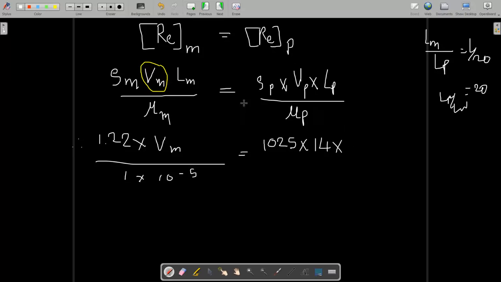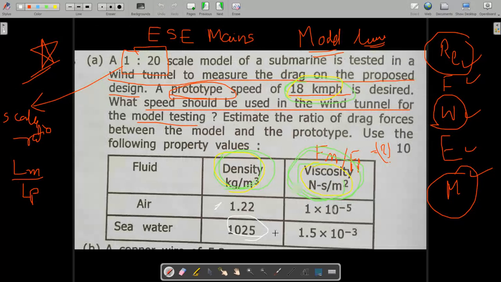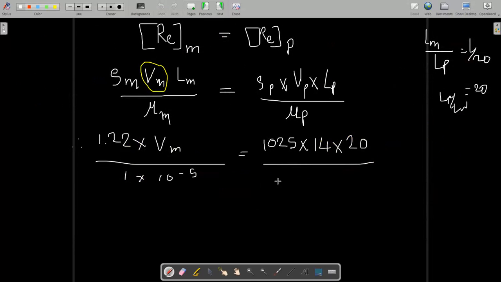Here Lp by Lm, when I am taking Lm on this side, so the ratio will become 20 upon what is the viscosity of water, 1.5 into 10 raised to minus 3, given. So take this on other side, minus 3, it will be minus 2. So when you solve this in your calculator, you will get as a 560.